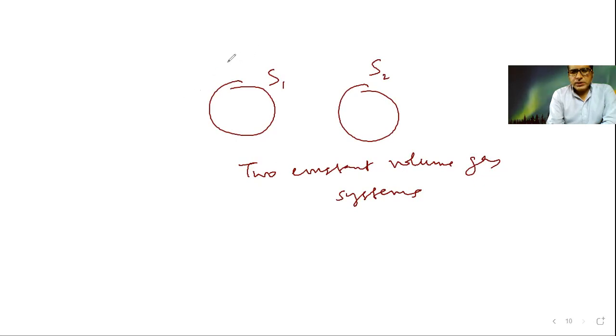Let the temperature be different: T1 for the first, T2 for the second. And these two systems are isolated from their surroundings.